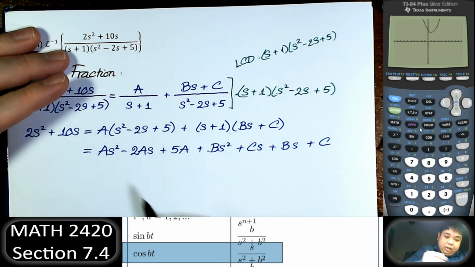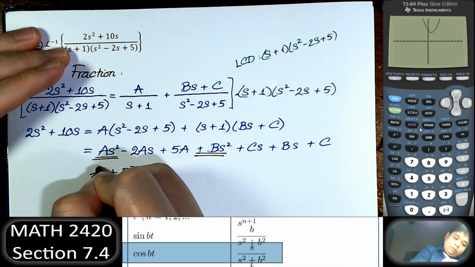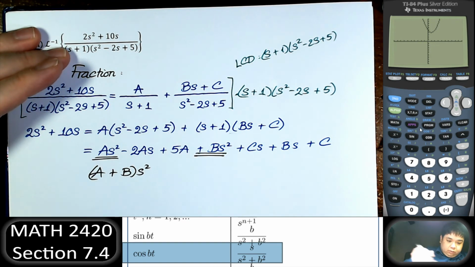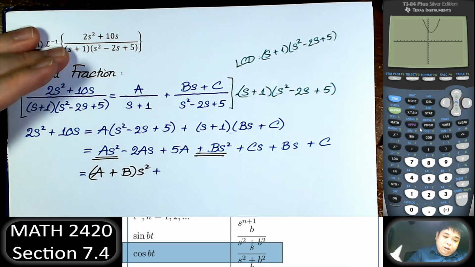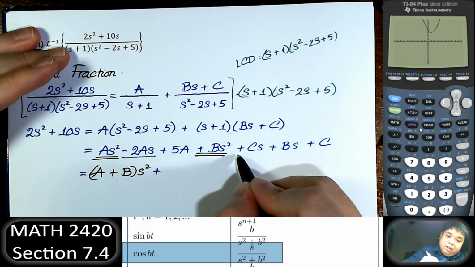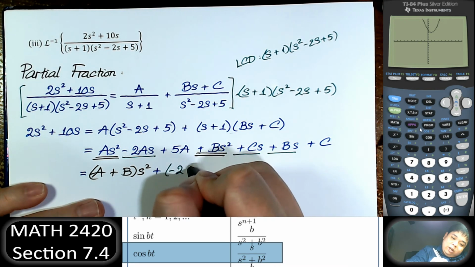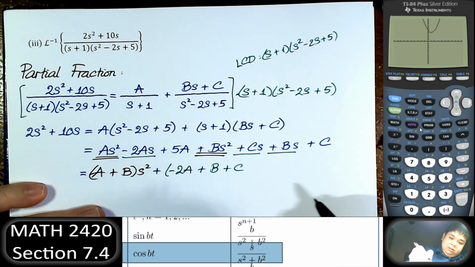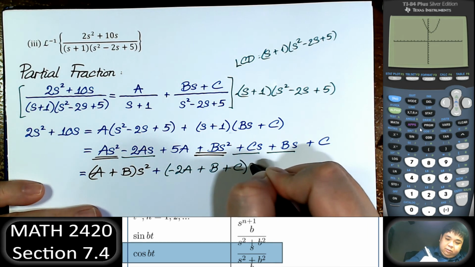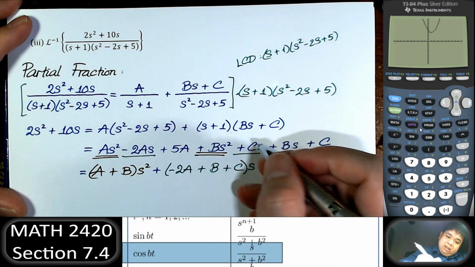Now, we have the squares, factor out the s squared, and then for the s we have minus 2as, cs, and bs, minus 2a plus c plus b. Factor out an s, and then what's left is just 5a and c.